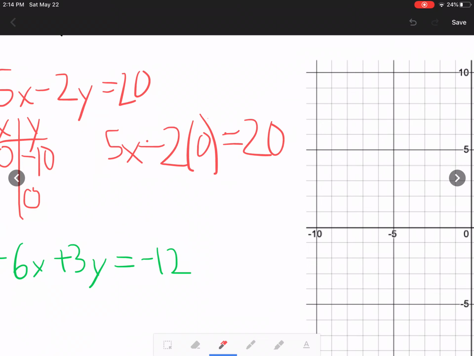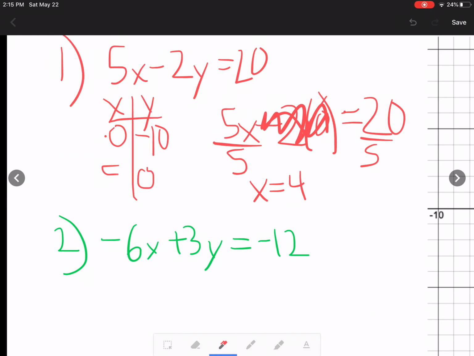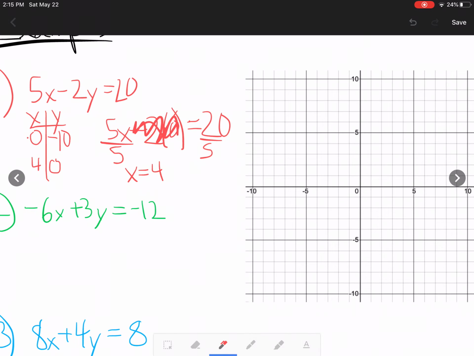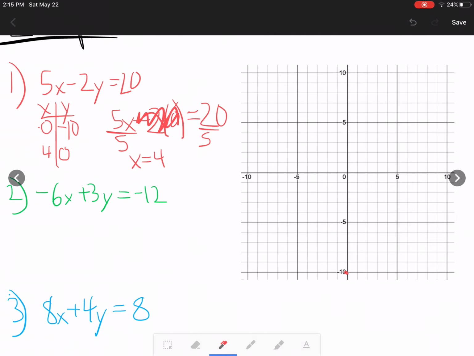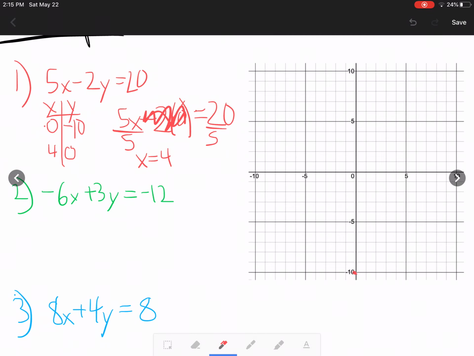Again, this will completely disappear because 0 times anything is just 0, so it's not even there. And then I have 5x equals 20, divide both sides by 5, x equals 4. Take this, put it right there. So now I have 2 points, 0, negative 10, which is right here, and 4, comma 0, which is right there.